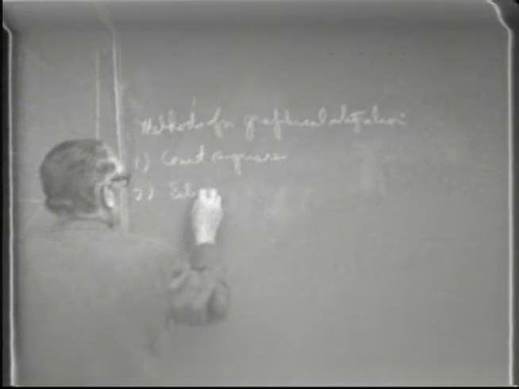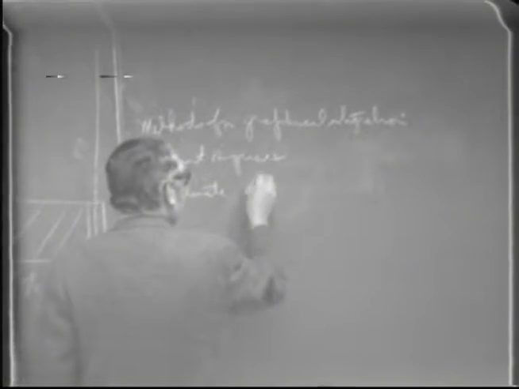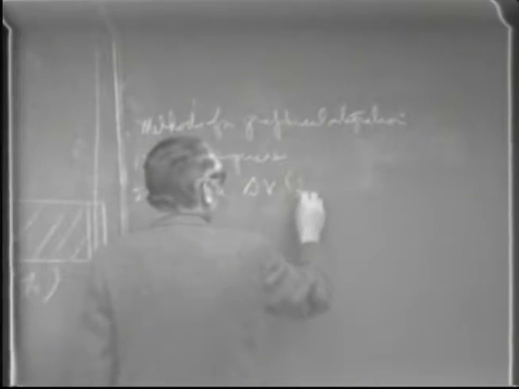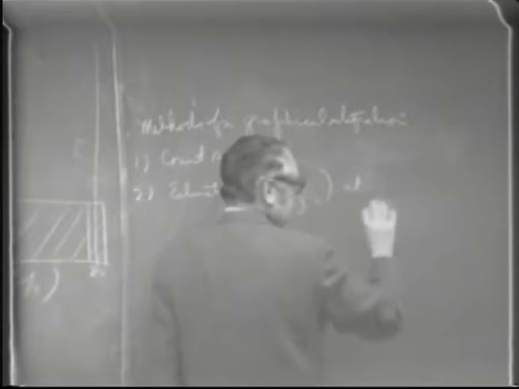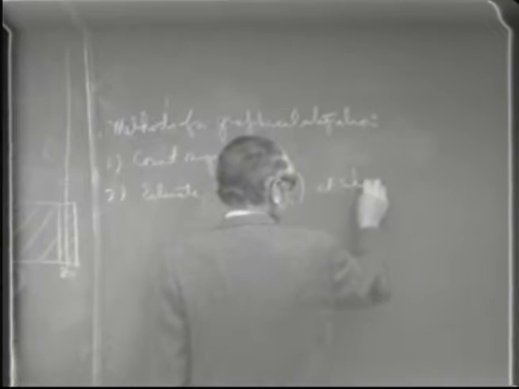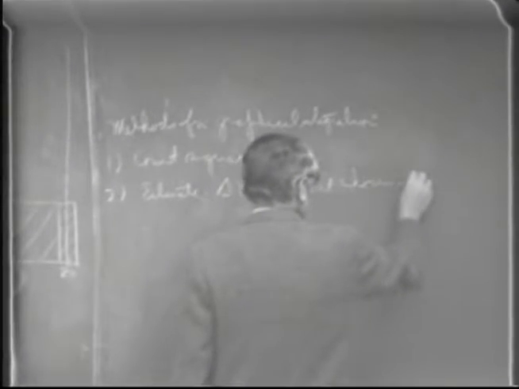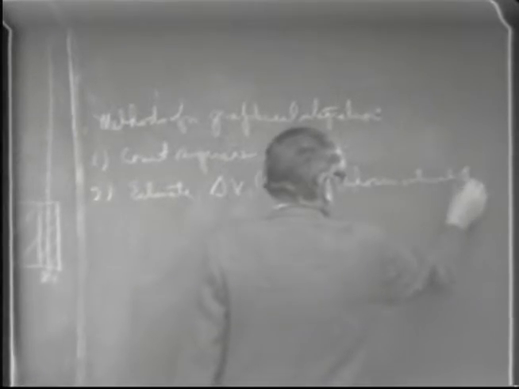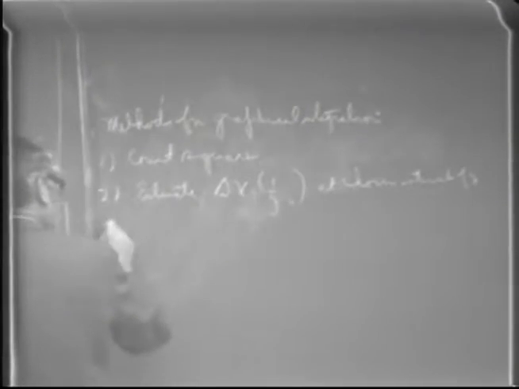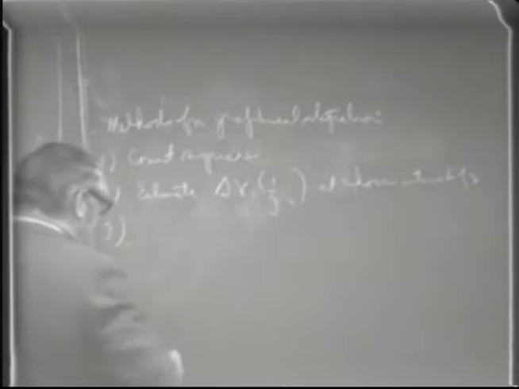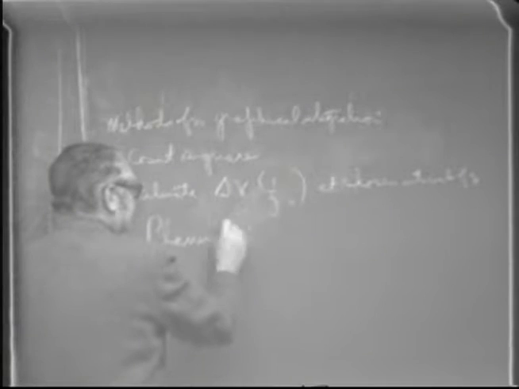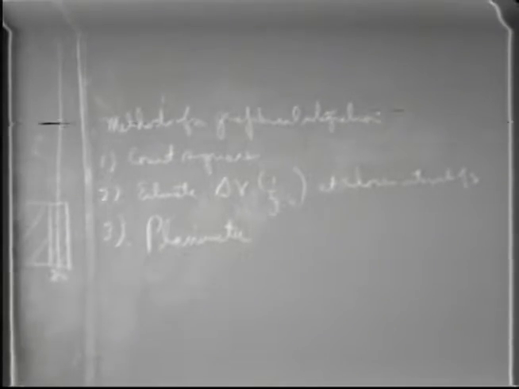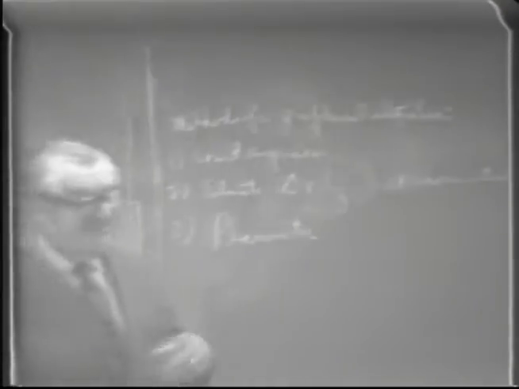Second, estimate delta x times 1 over y minus x at chosen intervals of x. Third, you can use a planimeter. I forgot to trace mine down, it's missing from the office, to show you what it looks like, but maybe I'll try to get that yet.